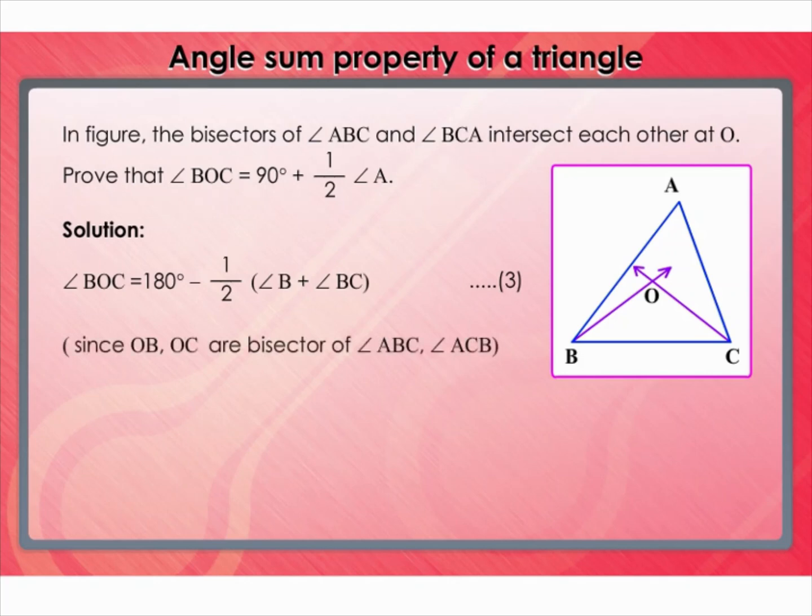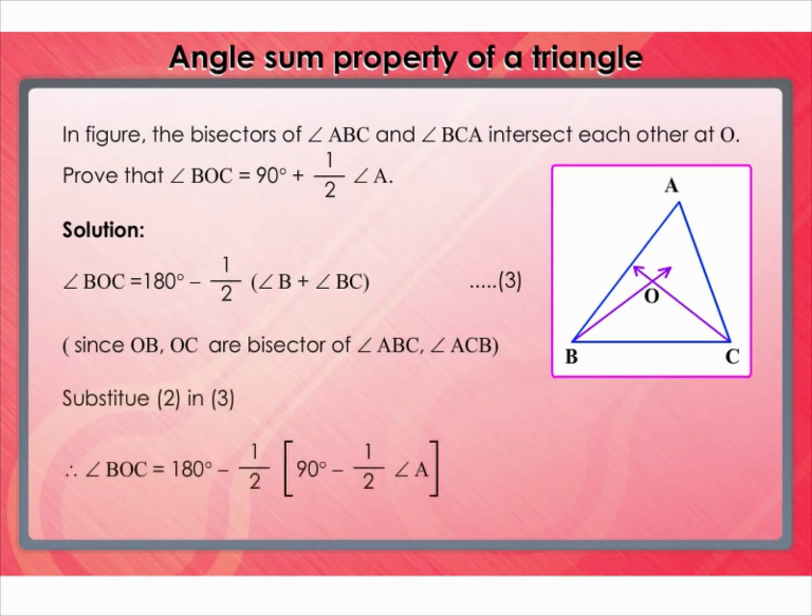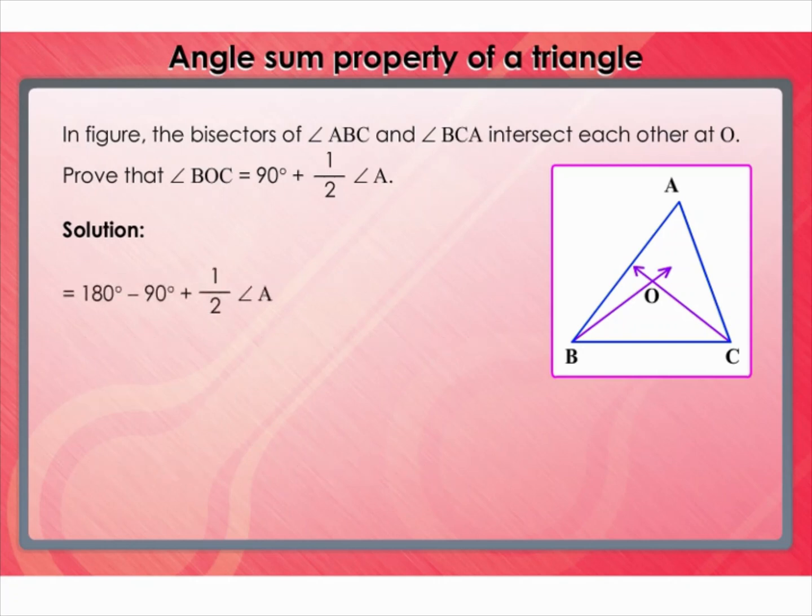Since OB, OC are the bisectors of angle ABC, angle ACB, substitute equation 2 in equation 3. Therefore, angle BOC is equal to 180 degrees minus 90 degrees minus 1 by 2 of angle A, which is equal to 180 degrees minus 90 degrees plus 1 by 2 of angle A. Solving this, we get 90 degrees plus 1 by 2 of angle A.